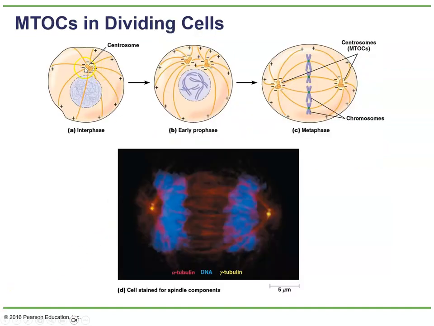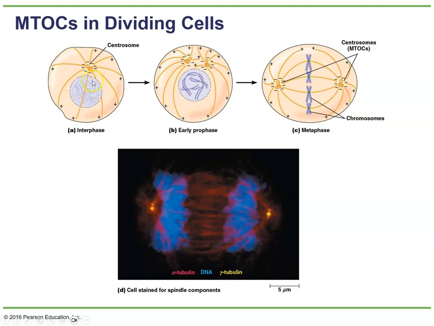These microtubule organizing centers have a fixed, limited number of nucleation and anchoring sites. You can see this in this fluorescent image, where alpha tubulin is in red, DNA is in blue, and gamma tubulin, where we have the organizing center, is in yellow.